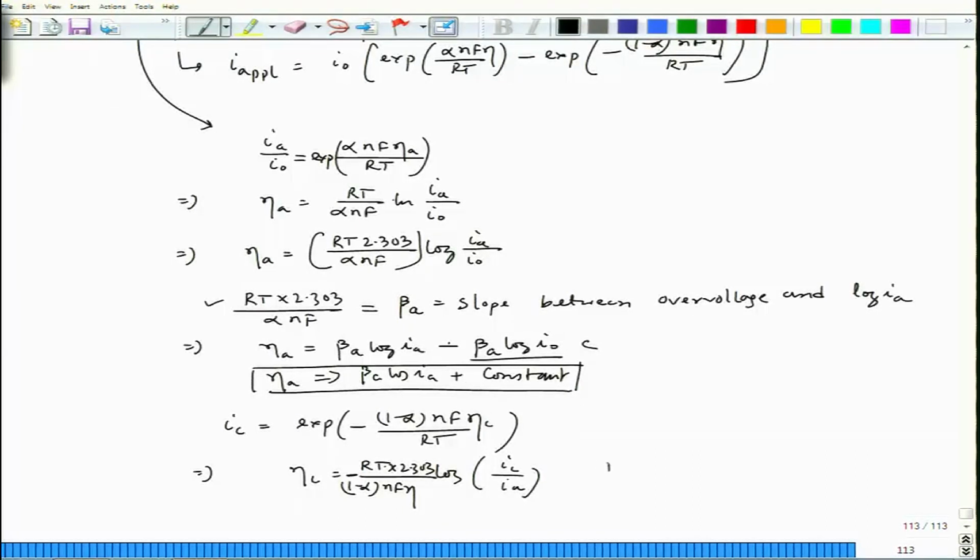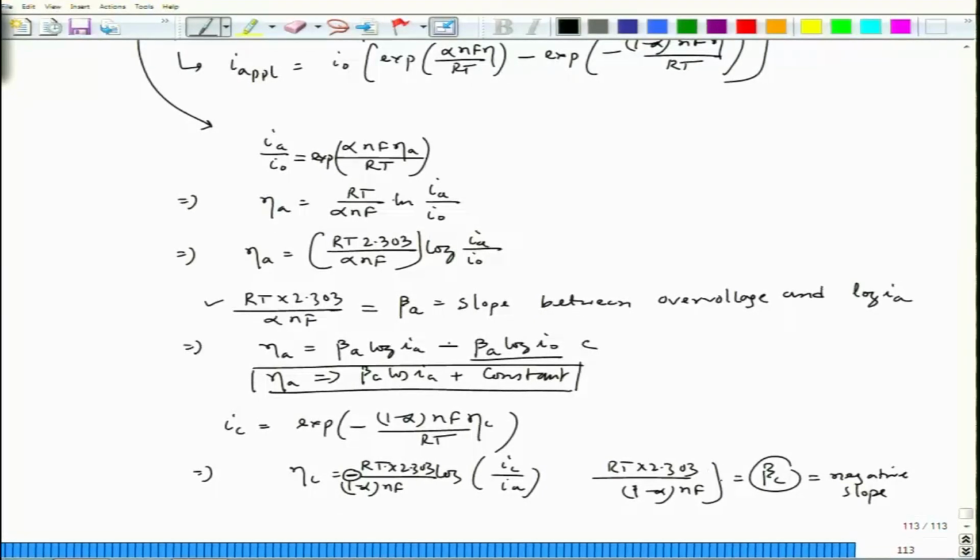This RT into 2.303 by (1 minus alpha) nF is called beta C, and we consider the negative sign inside it, so it has a negative slope.